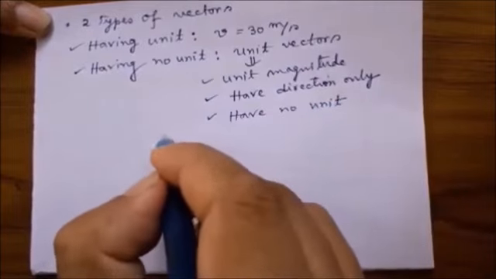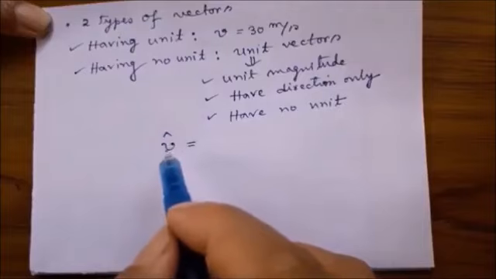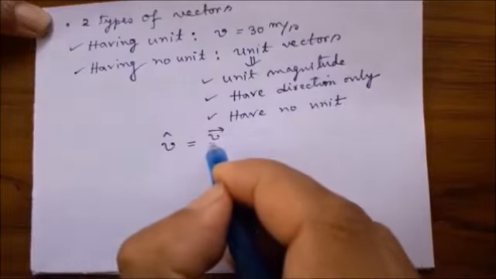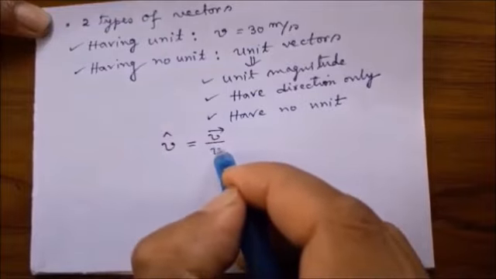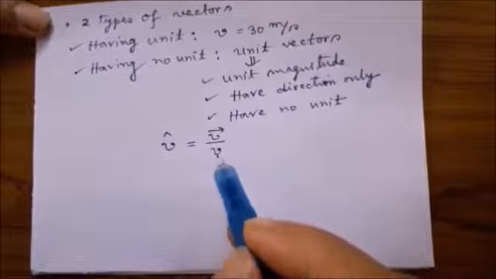For instance, the unit vector along velocity can be denoted by v hat, and it is given by the velocity vector divided by the modulus of the velocity, which is written in this way.